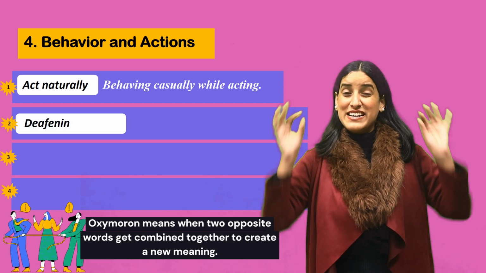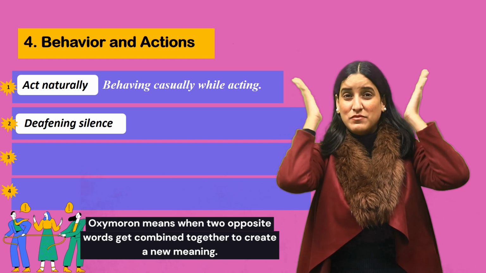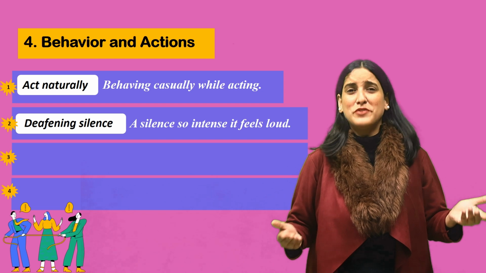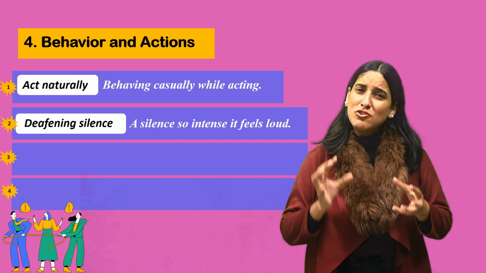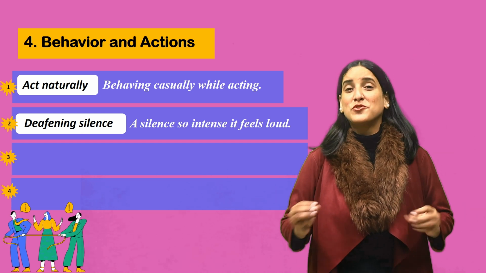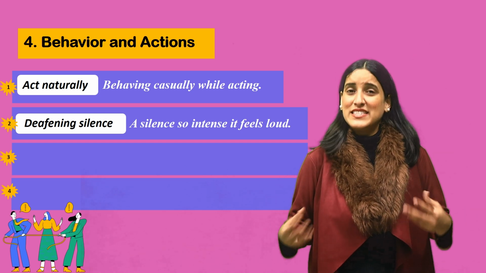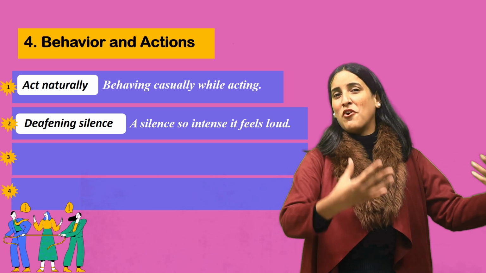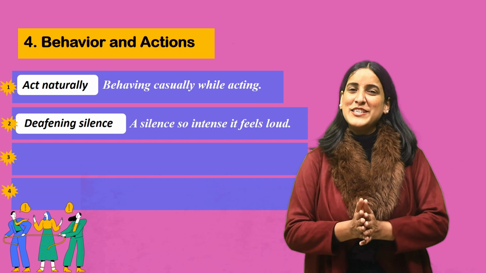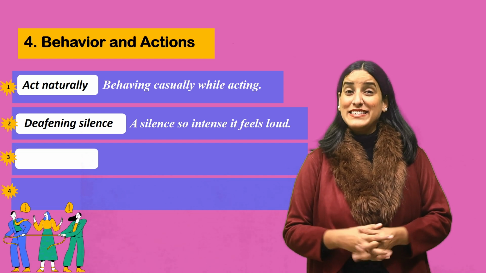The next one being deafening silence. Again, a beautiful oxymoron, a silence so intense that it feels so loud. For example, the room was filled with deafening silence after the news of her parents' demise leaked.